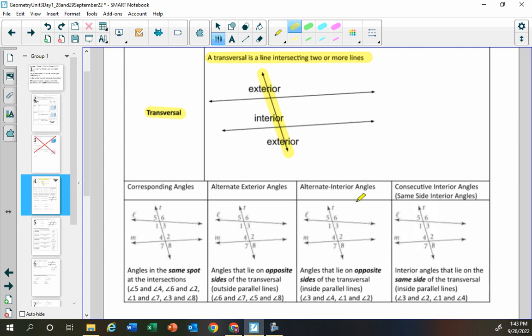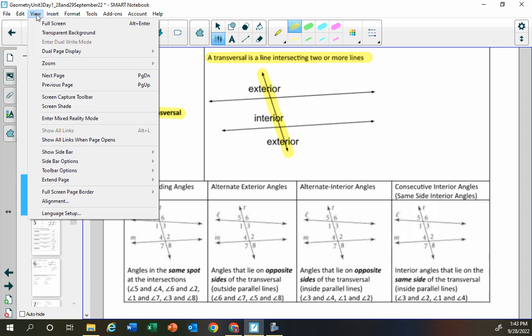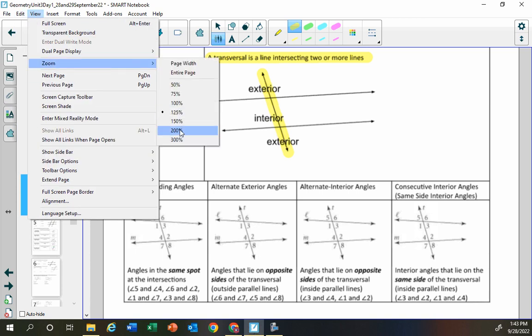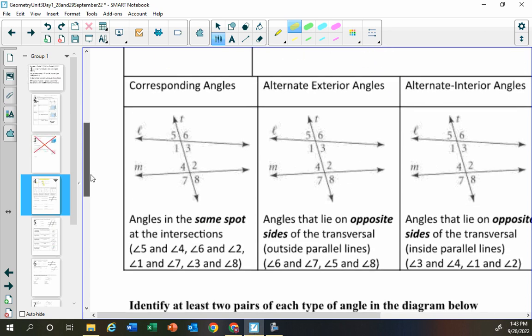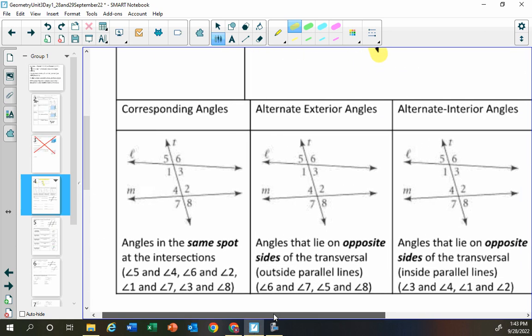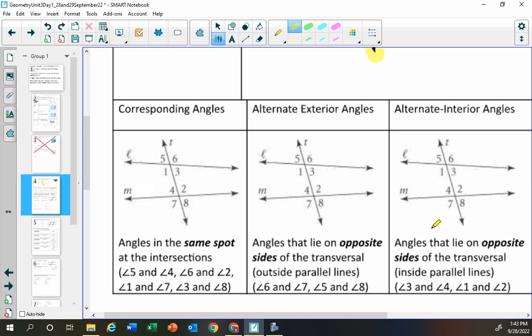Now, here's what's going to happen. Here's where I really want us to focus: the relationships. So I'm going to zoom in a little bit. The first thing I want to talk about, corresponding angles. Think of it as the same spot at the intersection.